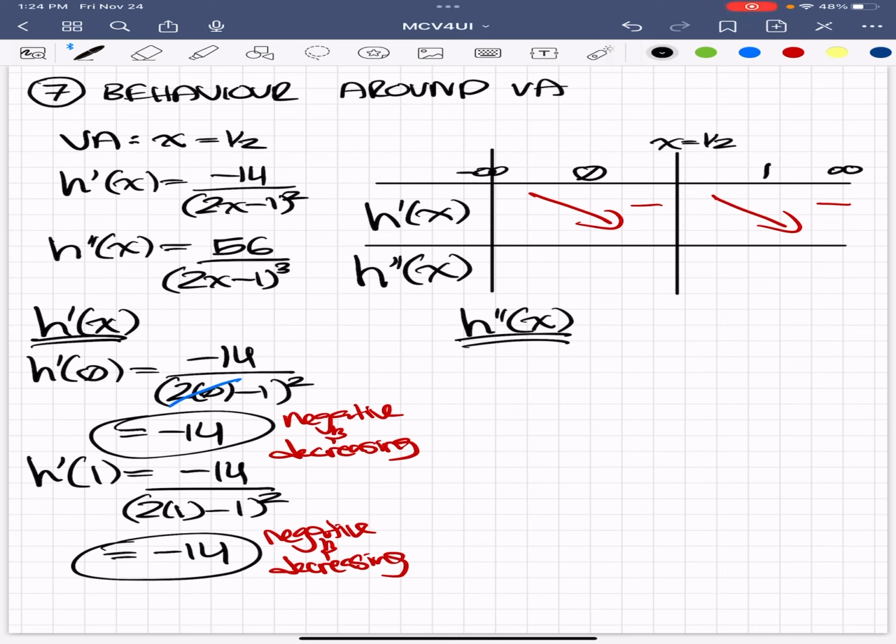So it is decreasing before the VA and after the VA.